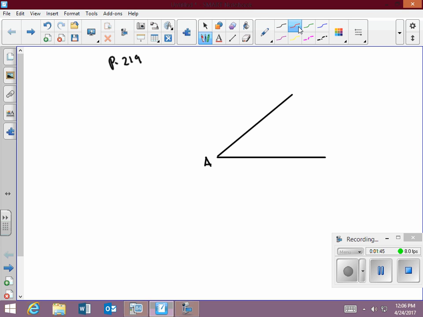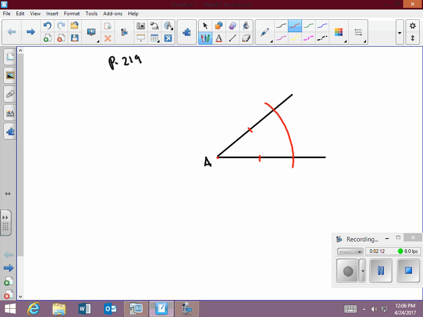If you lay out a compass at any length and put one point right there, your spear point, and then lay out an arc like that, what you have developed is that these two sides are congruent.